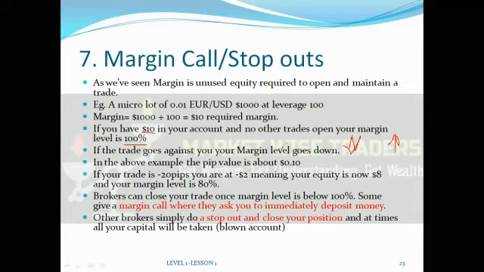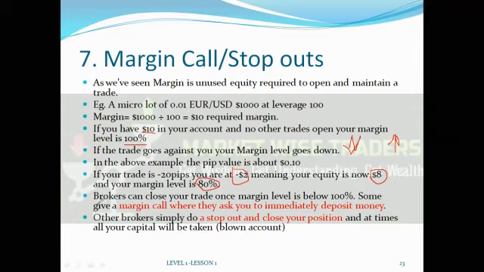Okay. So in this example, the pip value is about 10 cents. The 0.01. So if your trade is now at minus 20 pips, you are at minus $2. Meaning your equity is now how much? You're right. Meaning your margin level is now how much? 80%.